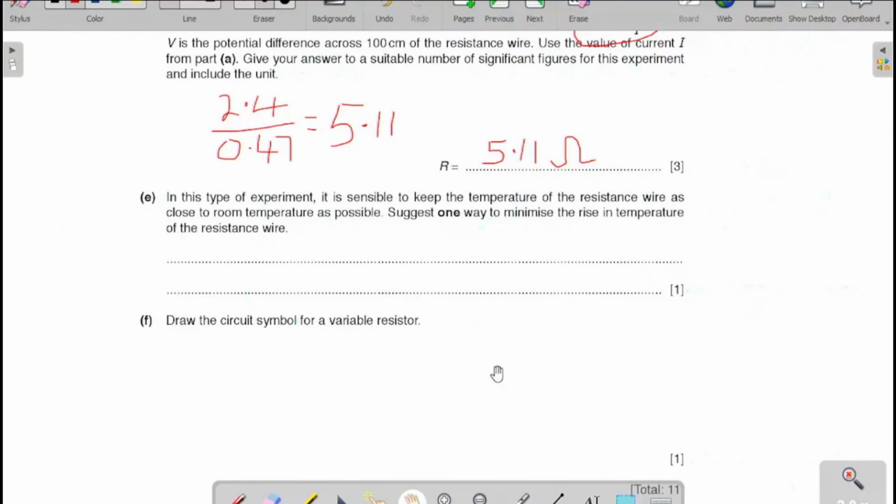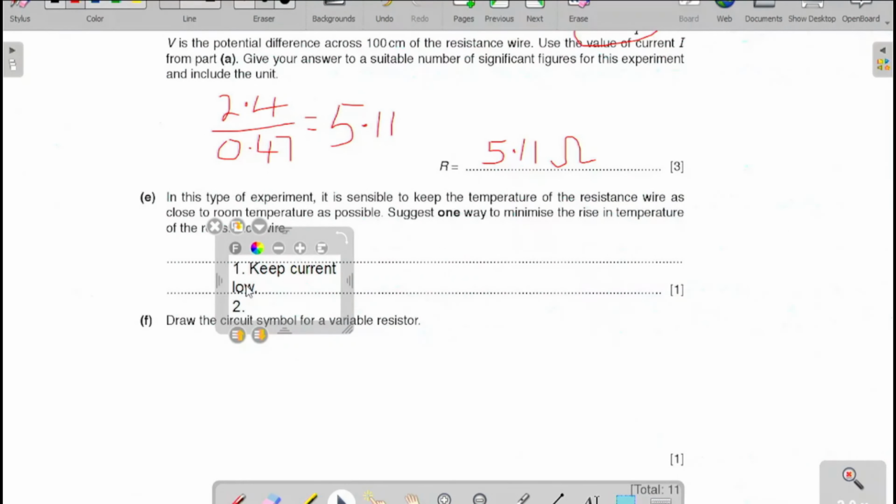So for us to keep the temperature constant, we need to keep the current low. You have to suggest one way, but I'm going to give you two. One, keep current low.